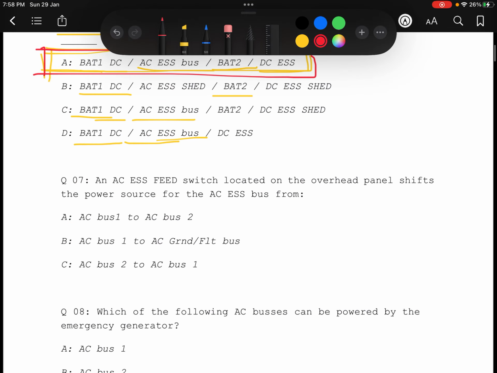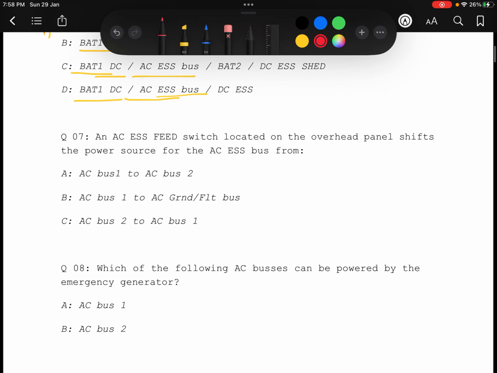So moving forward for the next question. Question number 7. An AC essential feed switch located on the overhead panel shifts the power sources for the AC essential bus from AC bus 1 to AC bus 2, right?